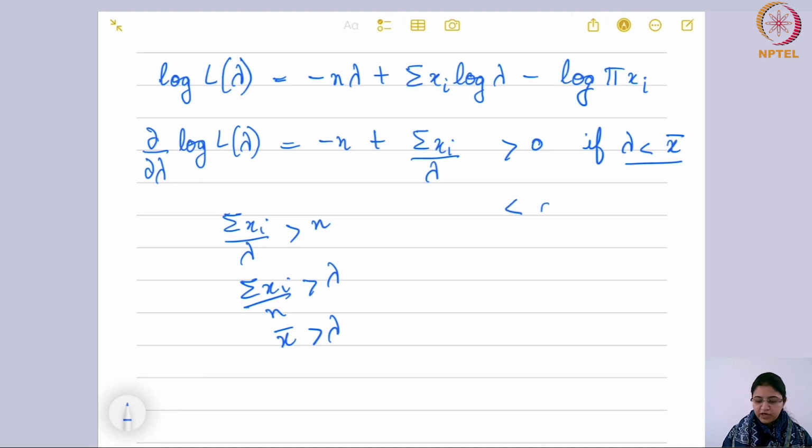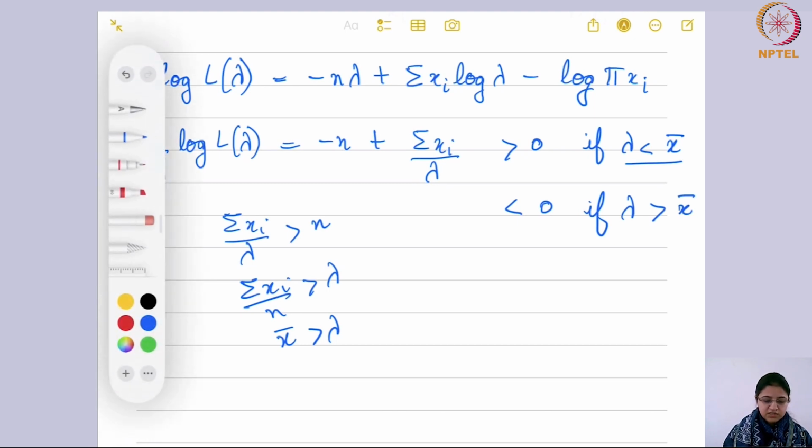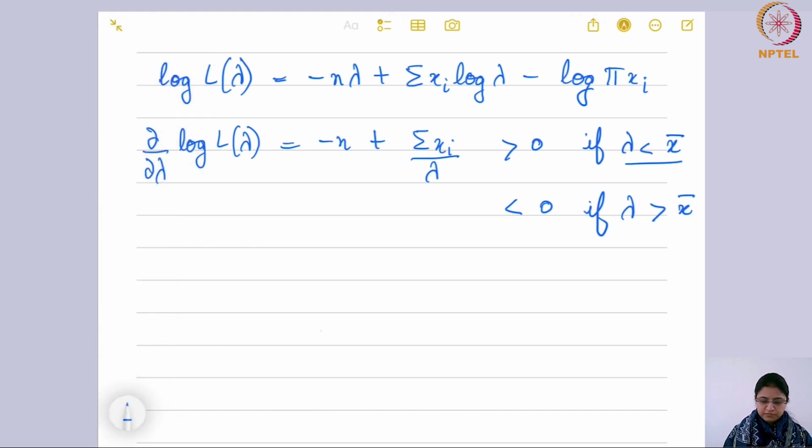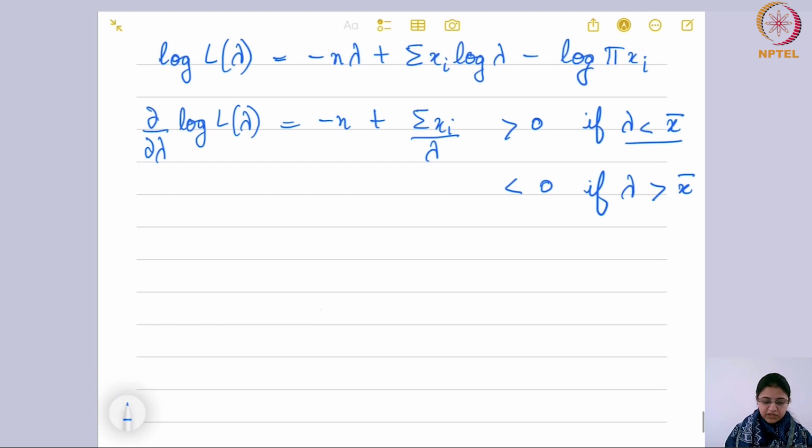The reverse would happen if lambda is greater than x bar. So what is happening is that when lambda is approaching the sample mean, it is an increasing function and it will achieve the maximum at the sample mean, and it will decrease as you move ahead.